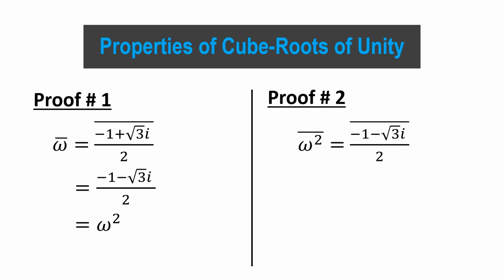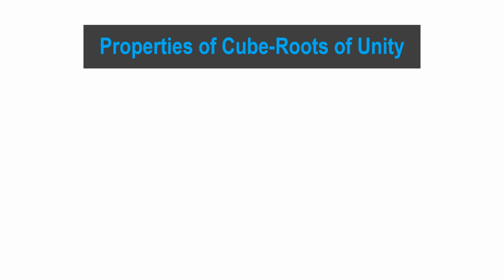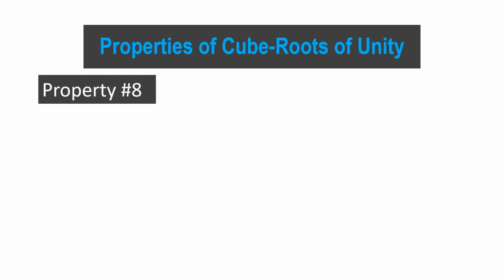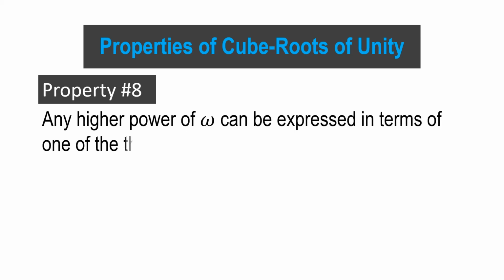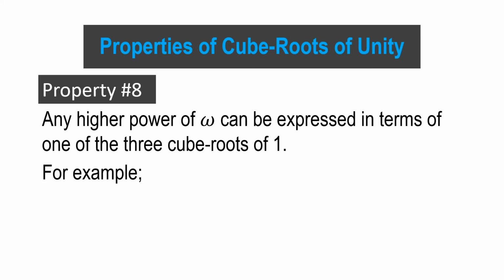Conjugate of omega is equal to conjugate of minus 1 plus square root of 3 iota whole divided by 2, which is equal to minus 1 minus square root of 3 iota whole divided by 2, and it is equal to omega squared. Proof number 2. Conjugate of omega squared is equal to conjugate of minus 1 minus square root of 3 iota whole divided by 2, and it is equal to minus 1 plus square root of 3 iota whole divided by 2, which is equal to omega.